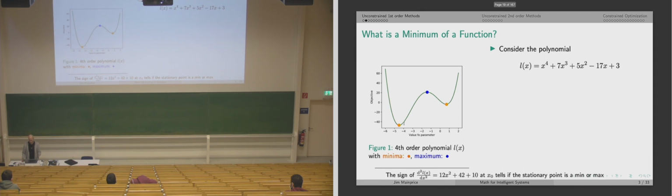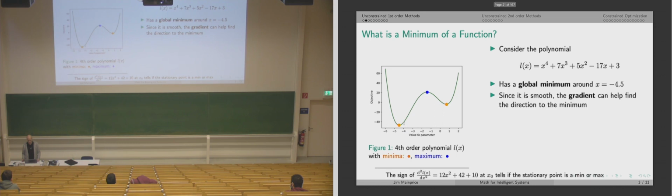The function that's drawn here is a polynomial, a fourth order polynomial, and it has a global minimum here. But since it is smooth, the gradient can help find the direction of the minimum.